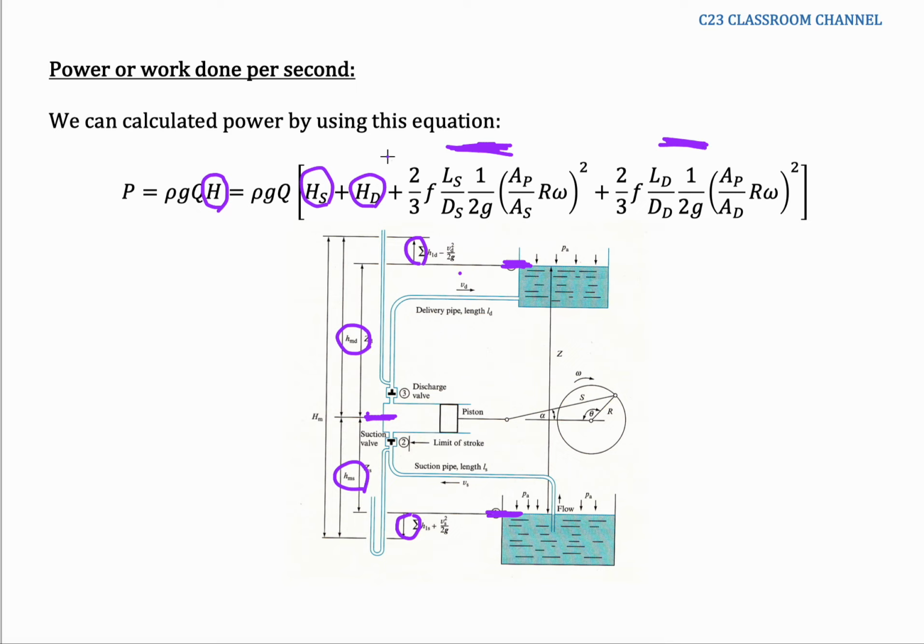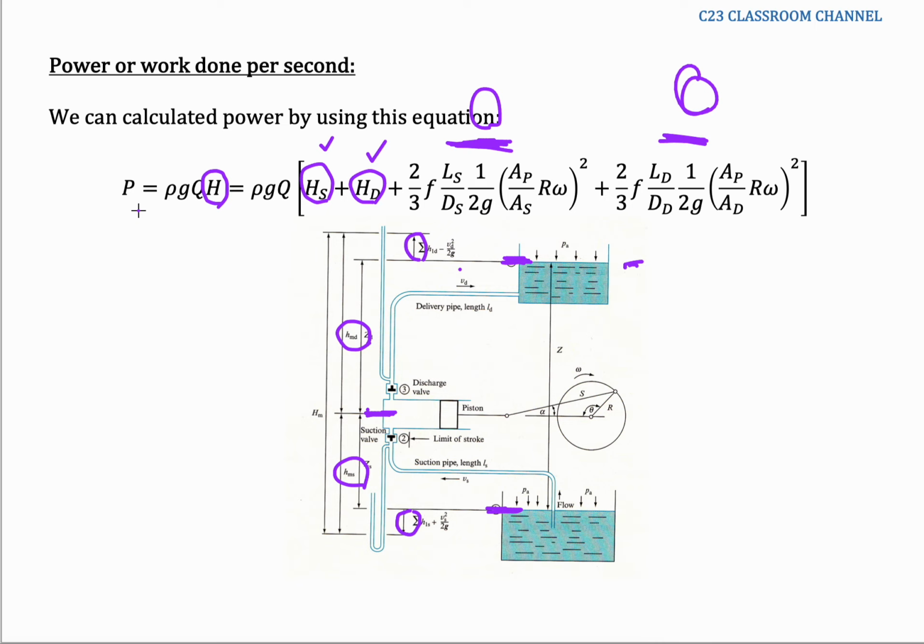If we just supply power using the suction head and delivery head, our piston pump cannot deliver water for this condition, because we still have friction to overcome. So I hope you understand why we need to include friction to calculate the minimum power that must be supplied to the piston pump.